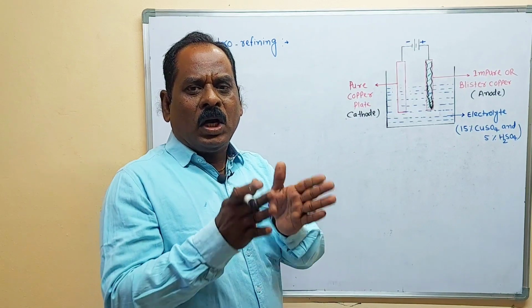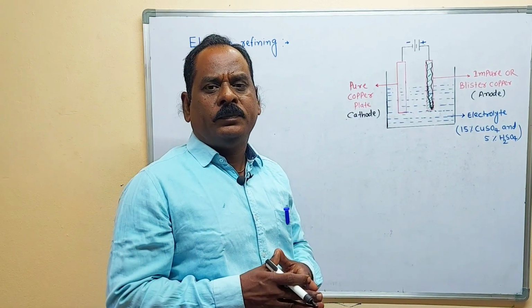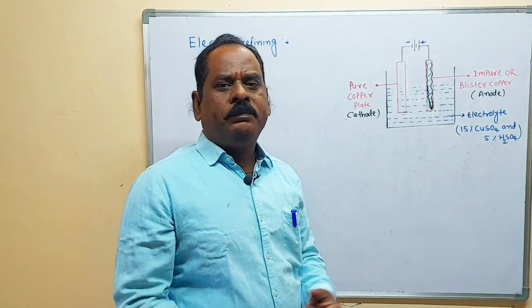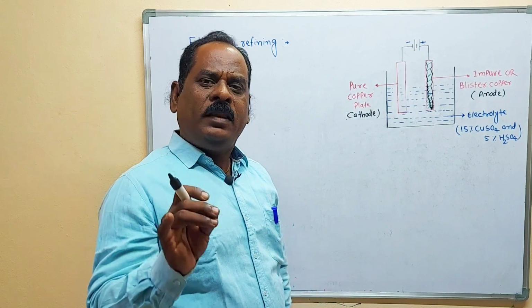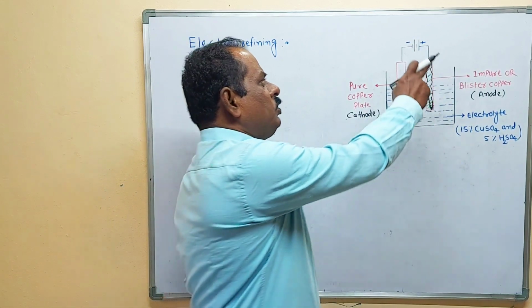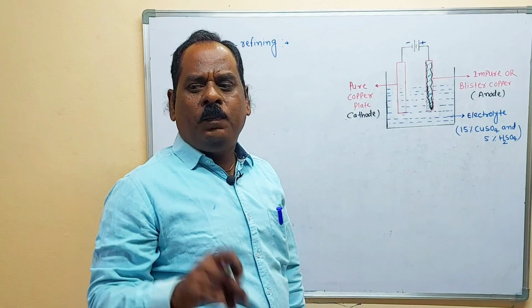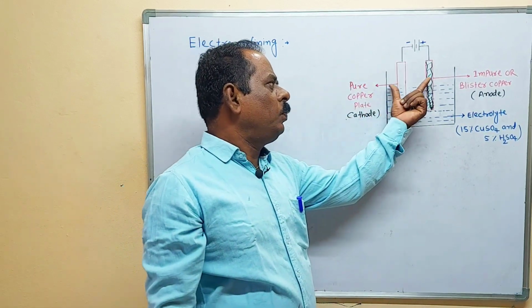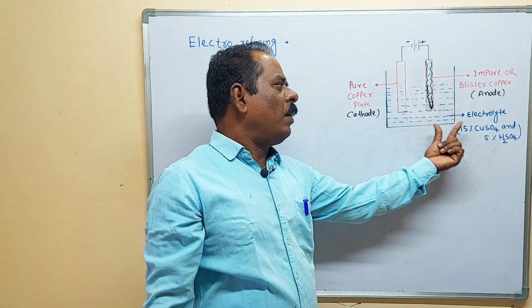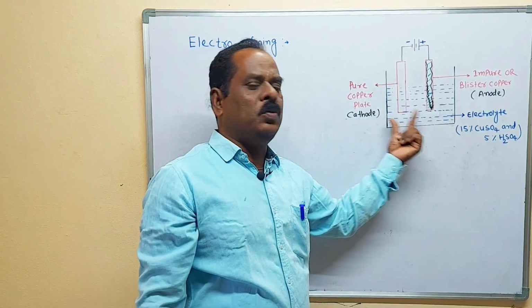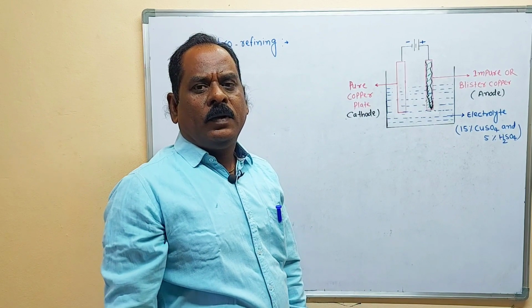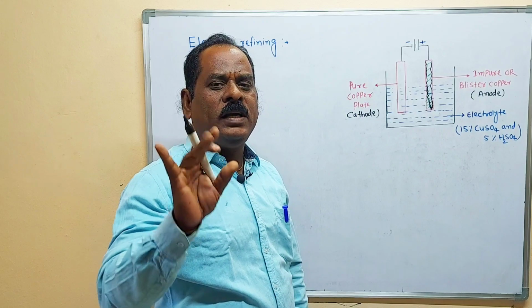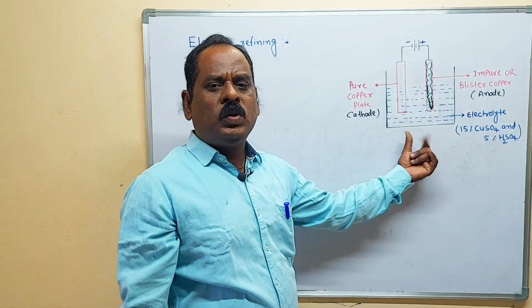First, make the rods of blister copper and take one pure copper plate. Connect the blister copper to the positive terminal of the battery and the pure copper plate to the negative terminal. Immerse both in copper sulfate solution and pass direct current of low voltage through this solution.